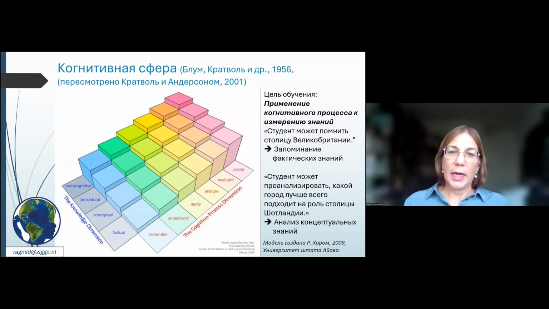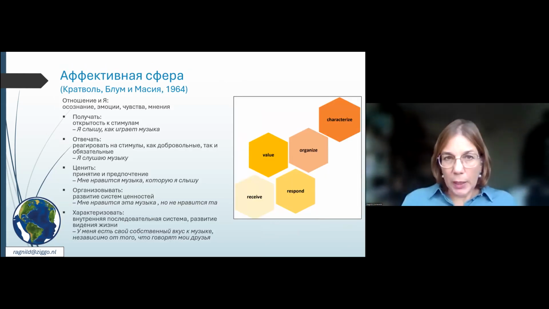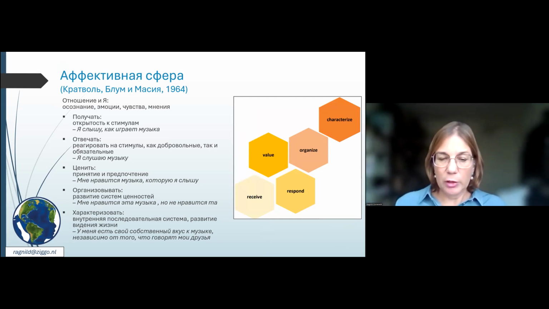So now that I've pointed out this cognitive domain, I want to tell you about the other domains that are not that well known. So, first of all, the affective domain. And the affective domain was described by Benjamin Bloom, who also wrote on the cognitive domain, as we saw in the last slide, and Masia.